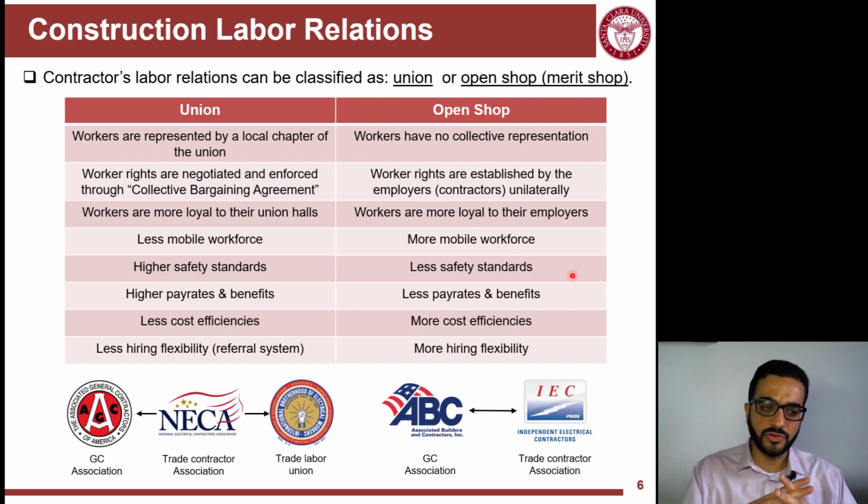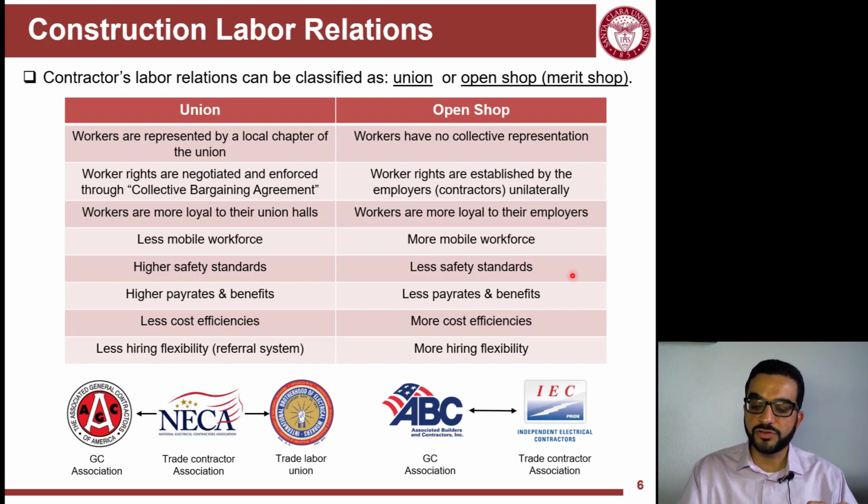And you can see ABC manages their own training programs, not of course similar to the union apprenticeship program. ABC is the representation of GCs, or general contractors, and their subs are open shop merit shop contractors.